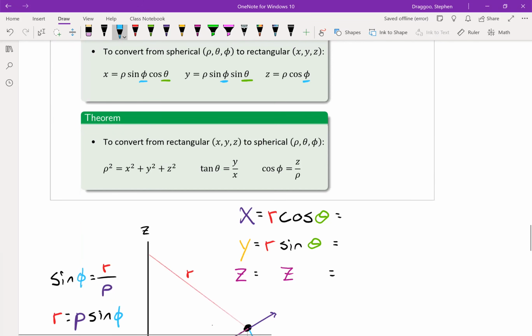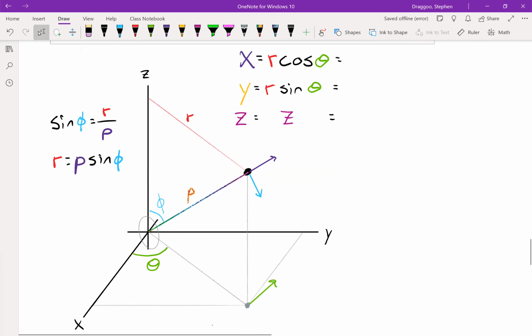And if we expand on that and look at where all these pieces are coming from, same point we looked at for cylindrical coordinates, but now we're going to turn it into spherical coordinates. So theta in green, that's still the same. I've put r back in, it just being the distance from the z-axis to our point, straight line distance from the z-axis to our point, or from the origin to the projection of our point in the xy plane.